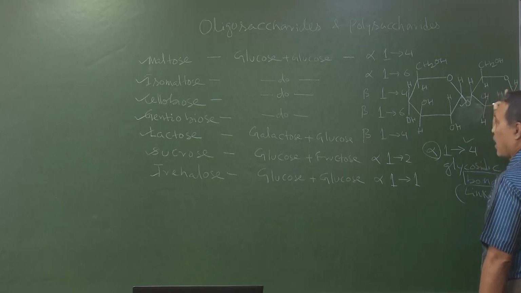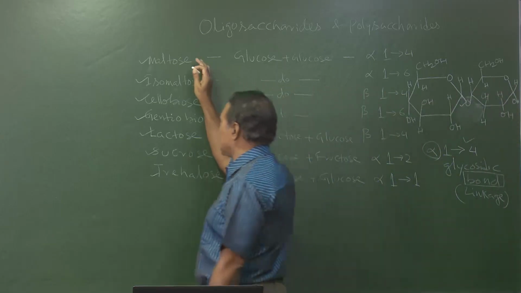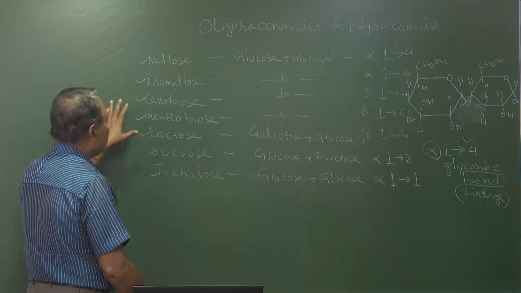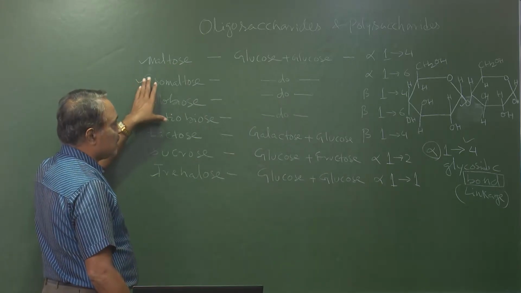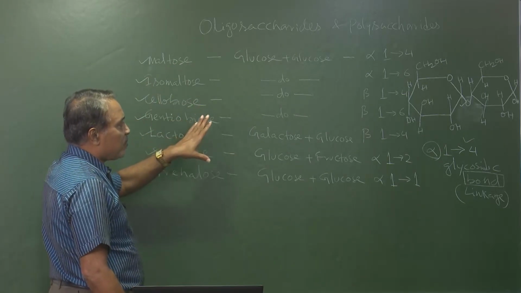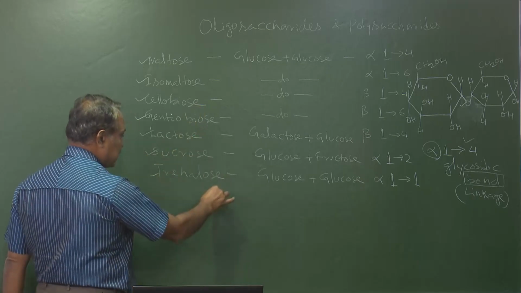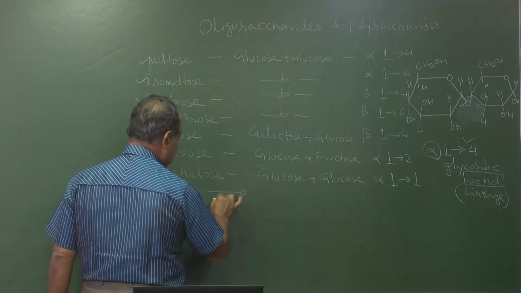So this is what maltose is. Similarly, we have isomaltose. In case of isomaltose, it will be alpha 1,6.